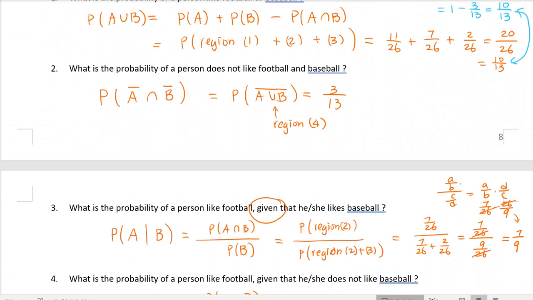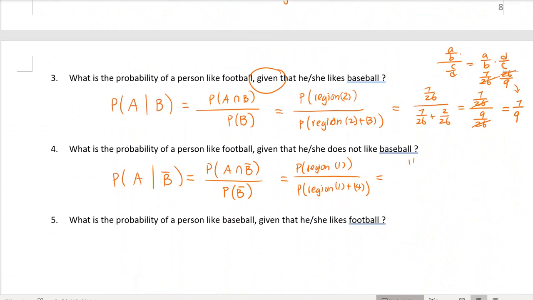Region 4 is 6 over 26. Okay. 11 over 26 plus 6 over 26. And then we have 11 plus 6 is 17, right? 17 over 26. 26 cancels.